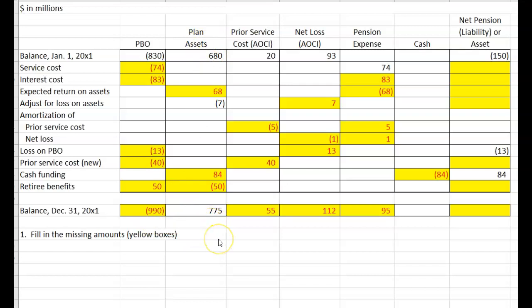Instead, the two are merged or netted together, and if the liability, which is in this case larger than the plan assets, then it creates a net pension liability. If the plan assets are larger than the liability, then it would be a net pension asset.